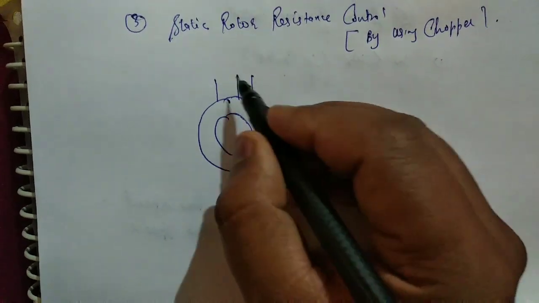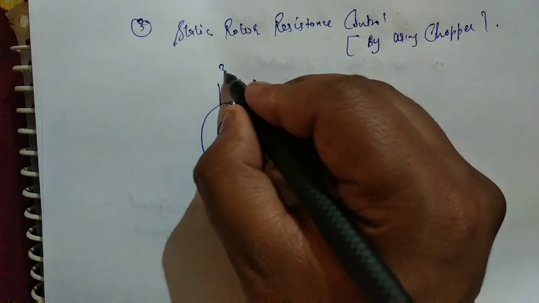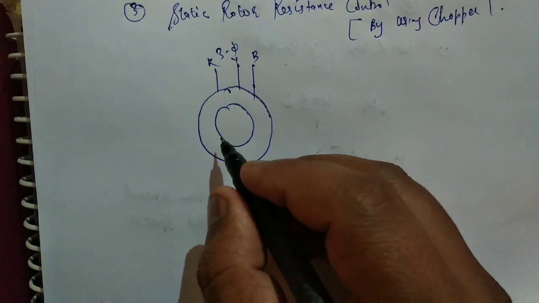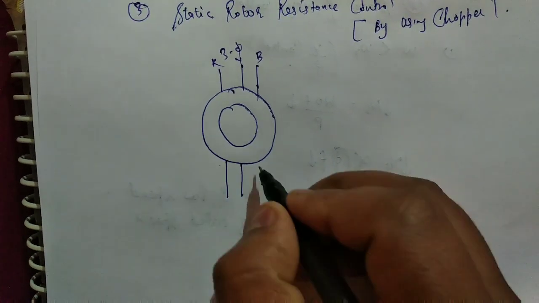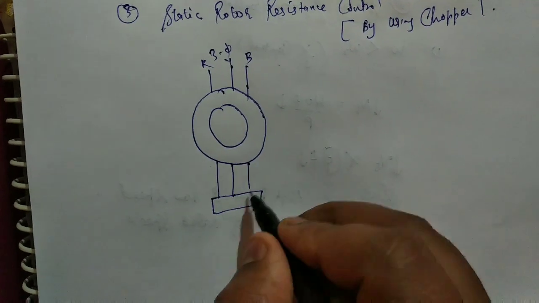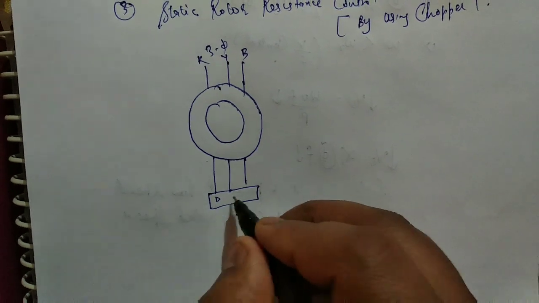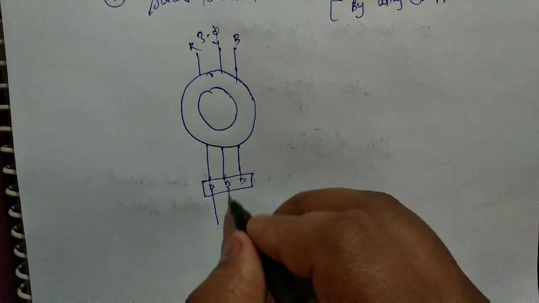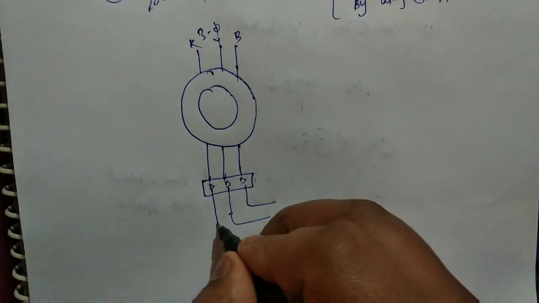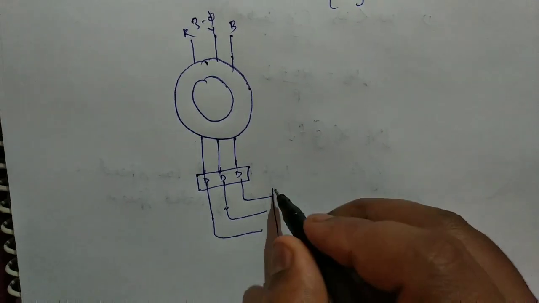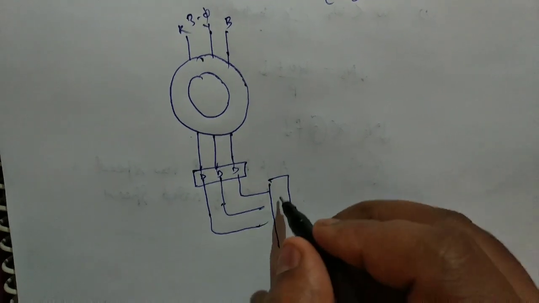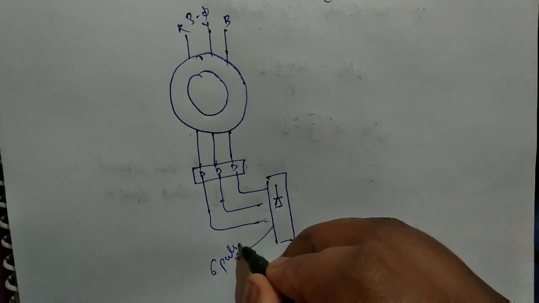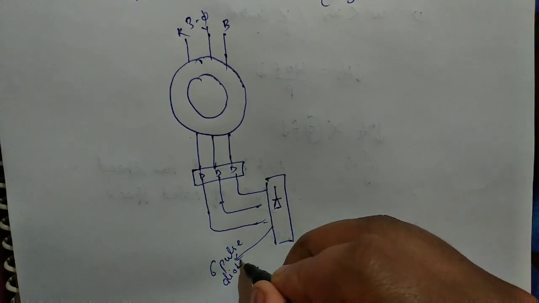Here we supply three phase, this is R, Y, B. Here the slip ring is connected, and here a 6 pulse diode rectifier is connected.